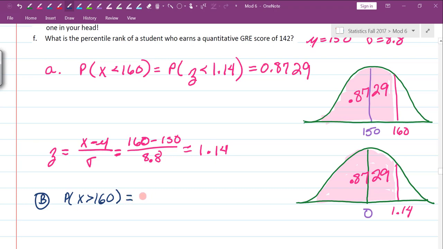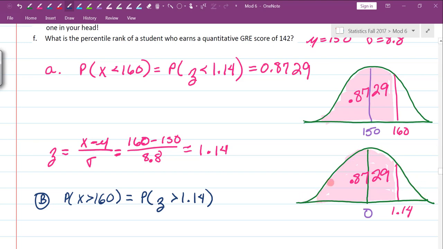So this is going to be equal to, what's the probability that z is greater than 1.14? We already did the math, and we know that this area under the curve is equal to 0.8729.